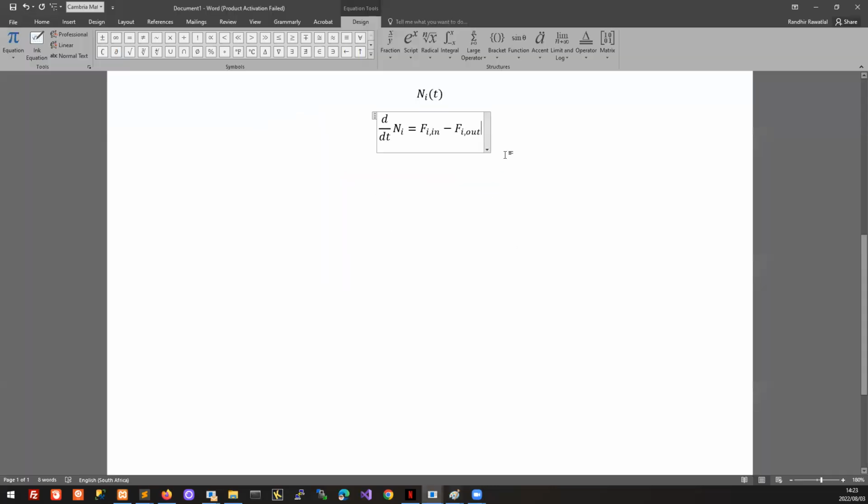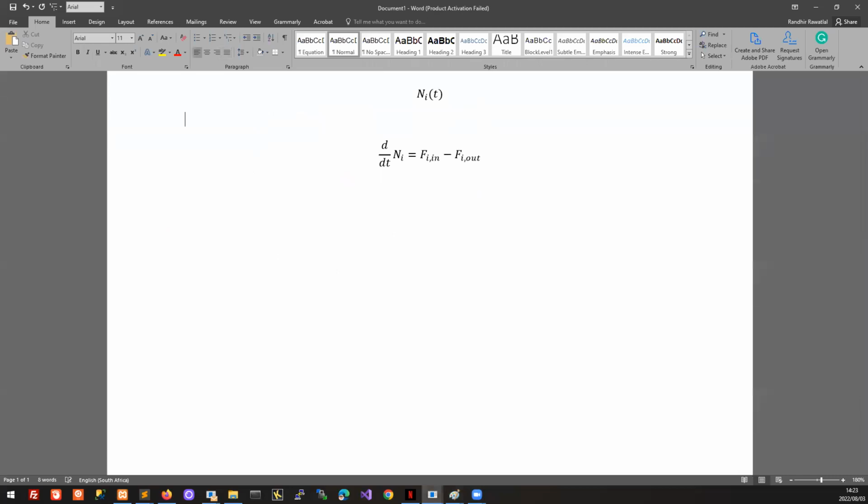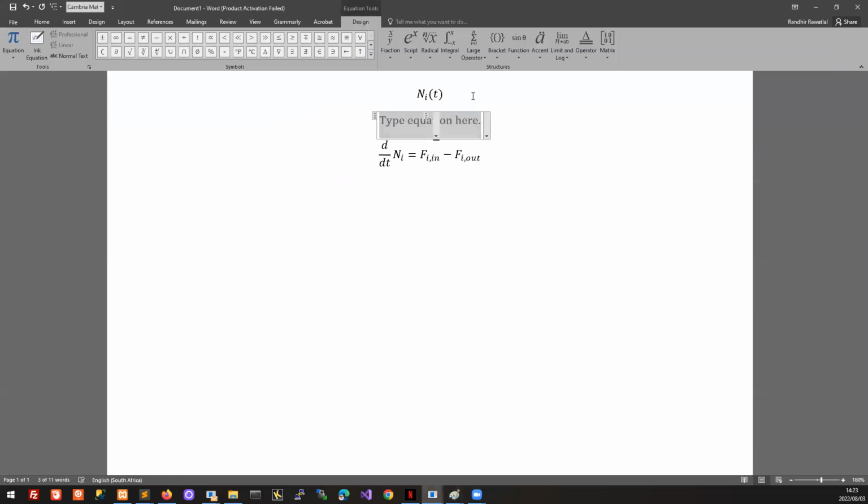Because remember, our reaction rate is generally a function of both the concentration and the temperature. And it's a function generally of all the species in the reactor. So we need to say C as a vector of all the species, all the concentrations.